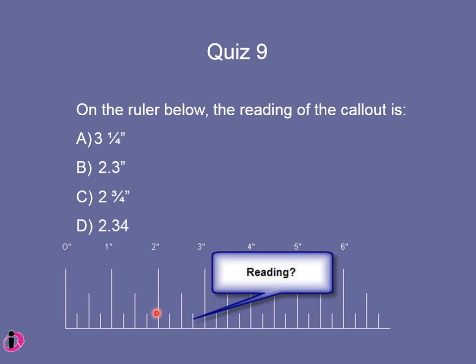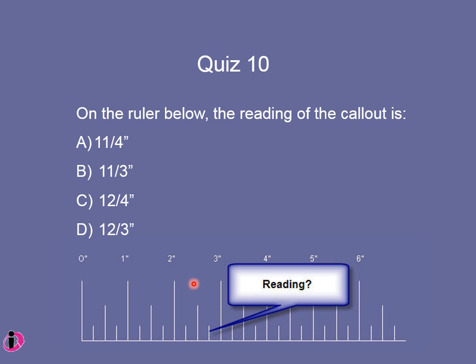Because this is 3 parts, right? Because you have 1, 2, 3, 4 parts together to go to 3. So actually the right answer is C. 2 3/4, right? Because you go all the way up through here, and this is 3/4 of the next one, meaning between 2 to 3. So the right answer is C.